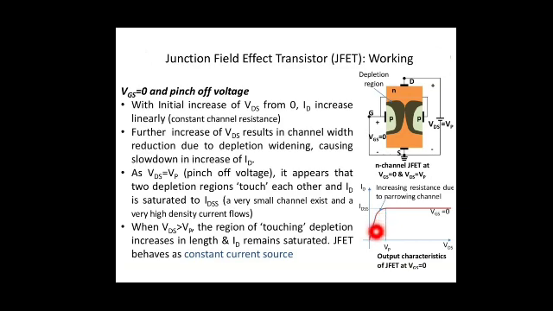as you keep on increasing VDS, IDS will keep on increasing. This graph is between ID and VDS for a specific VGS; here VGS is 0. As you keep on increasing VDS, ID keeps increasing, but up to a certain point, known as the pinch off voltage, IDS will saturate.